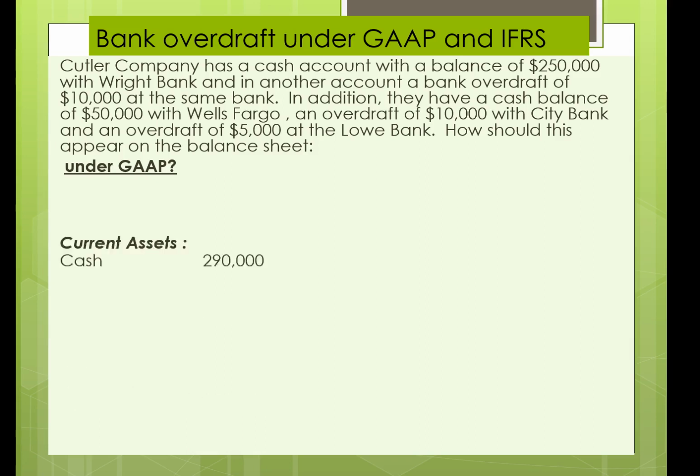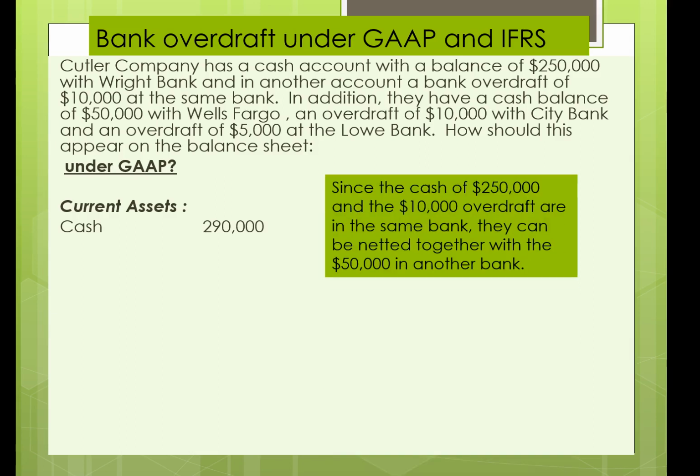Now, under GAAP, you would show cash of $290. This would be the $250 minus the 10 plus the 50, and that would get you there.